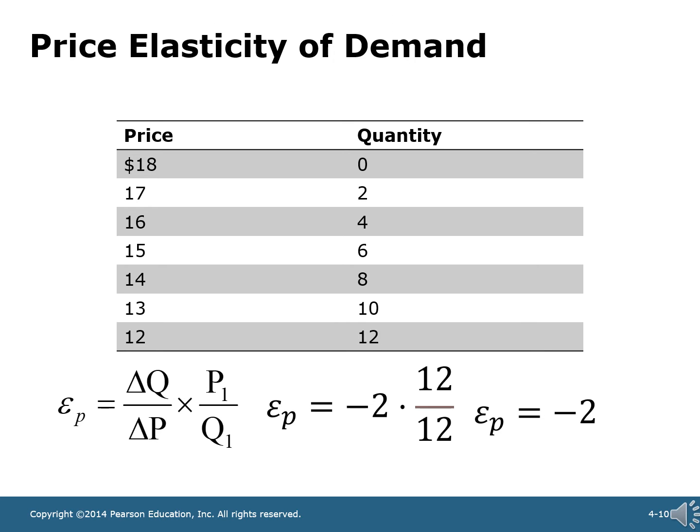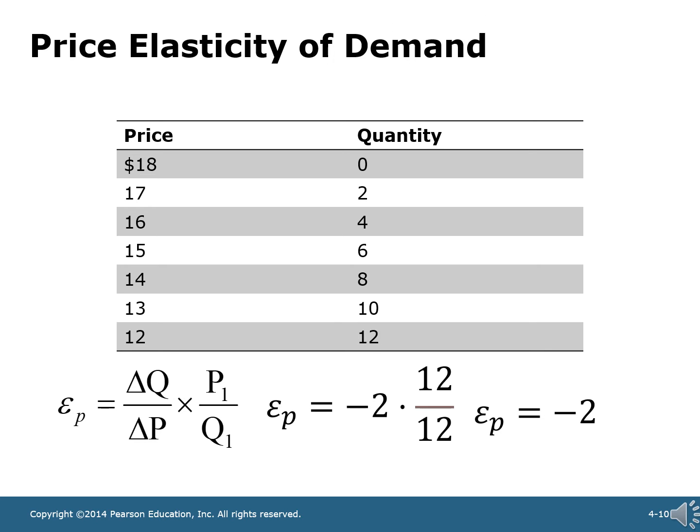So if we wanted to calculate the point elasticity for the price elasticity of demand, what we're going to do is take the change in Q divided by the change in P. That's basically going to be our slope, so it'll be -2. Then we multiply that by P1 divided by Q1. Let's say in this instance, we want to know what the point elasticity of demand is for a price of $12.